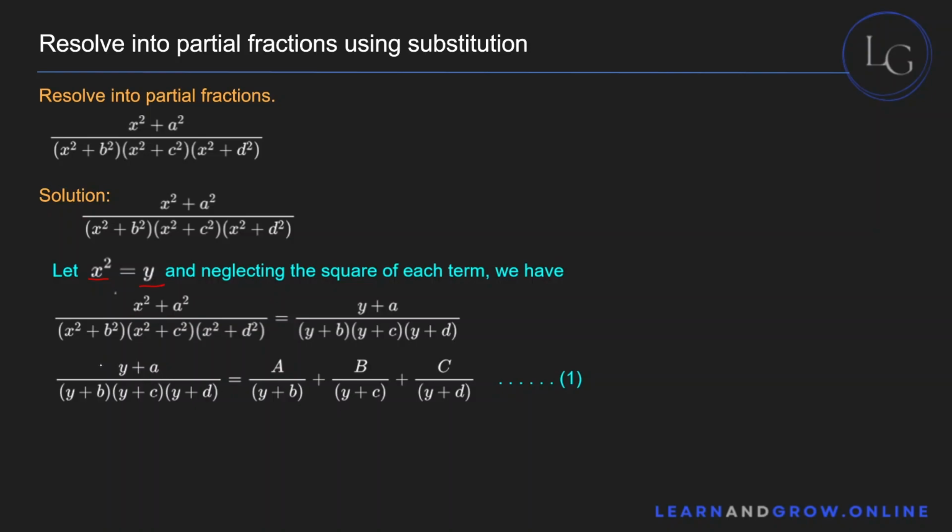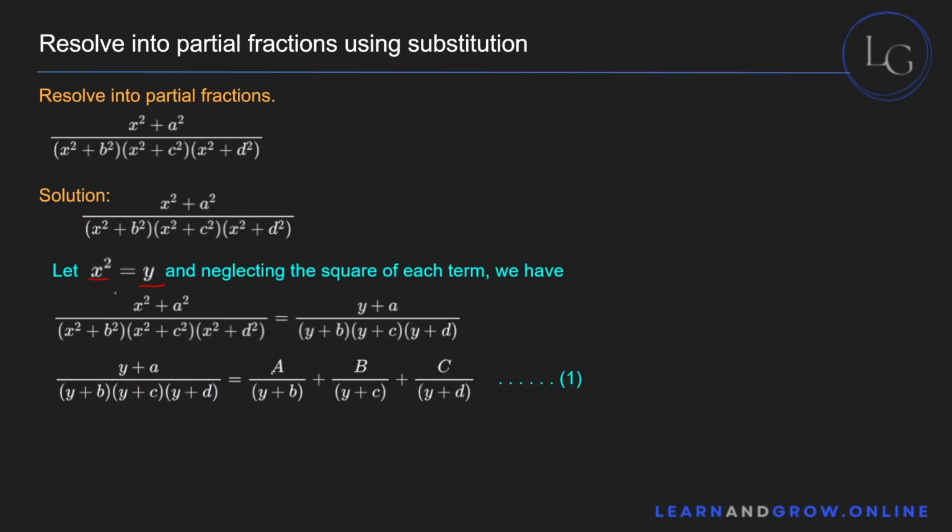So this will become three partial fractions being added up, and in each of the denominators, you'll have each of these three terms. So A over y plus a, B over y plus b, C over y plus c, and d. Obviously, the ones in the numerator are uppercase letters and the ones in the denominator are lowercase letters.